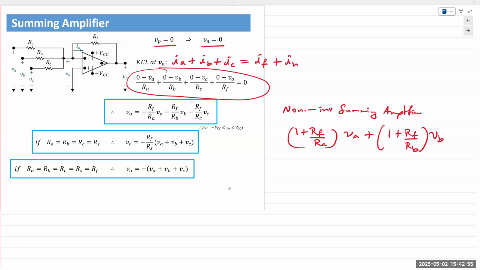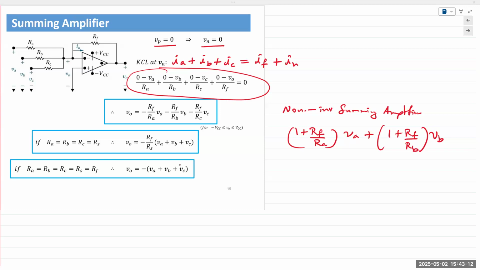All right. So the next point in that equation is, what if all resistors at the input were the same? Meaning RA, RB, and RC were all the same. Well, it simply reduces our equation, right?